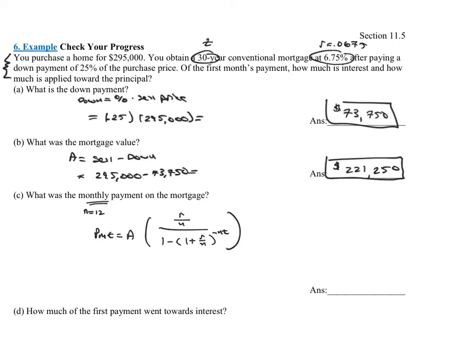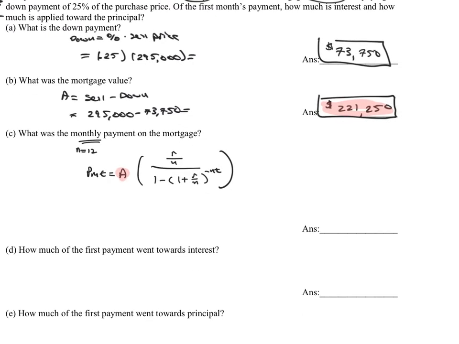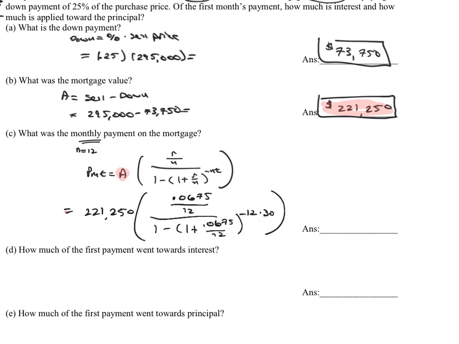And again, the most important thing here is note that A is the loan amount, not the sale price of the home. So let's go ahead and plug those numbers into the formula and see what we get on the calculator. I'm getting $221,250, the loan amount. R was 0.0675, divided by 12 monthly. 1 minus 1 plus 0.0675 divided by 12, all raised to the negative 12 times 30.